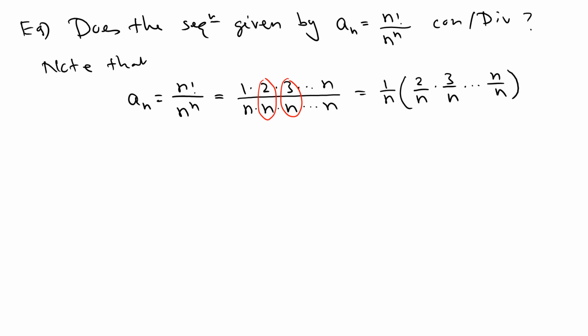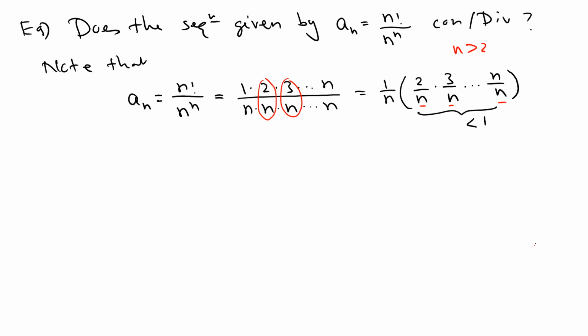You can see every term except the last one is smaller than 1, because we are talking about large n. If you look at an n which is larger than 2, each fraction is smaller than 1. So this whole expression is simply multiplying some numbers which are smaller than 1, which means it is less than 1.